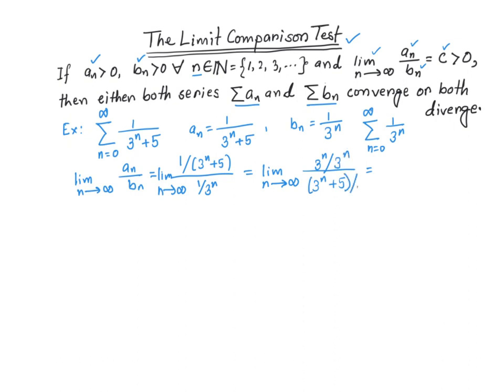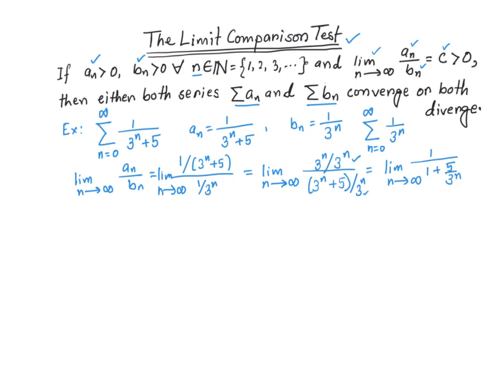That gives me the limit of 3 to the power n divided by 3 to the power n, which is 1 in the numerator, divided by, in the denominator, 1 plus 5 divided by 3 to the power n.